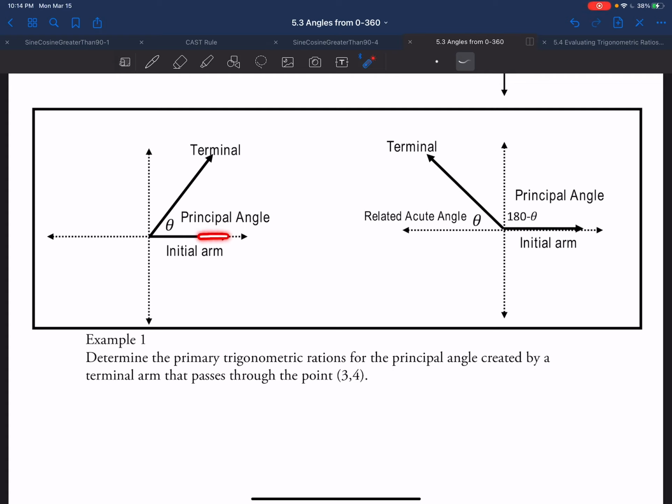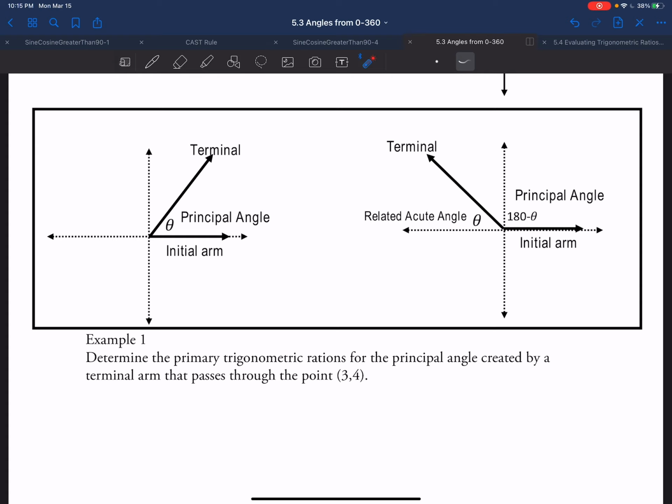Initial arm is always here at 0 because our angles are measured between two lines. So we have the initial arm and the terminal arm. This is the angle that's created by these two lines, the terminal arm and the initial arm. The angle that's created is called the principal angle, the one that we're measuring.